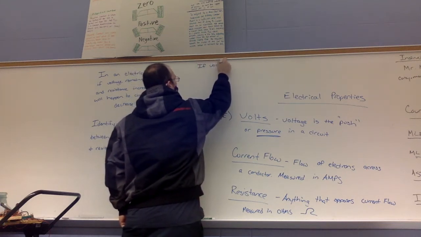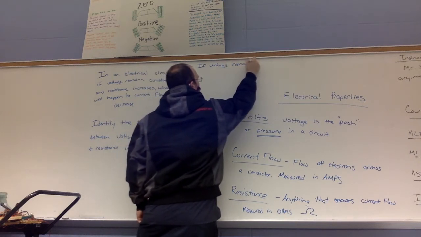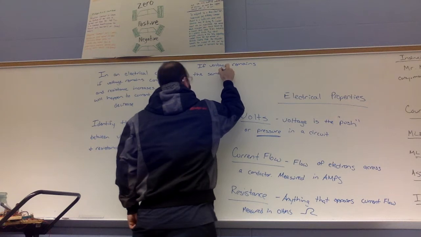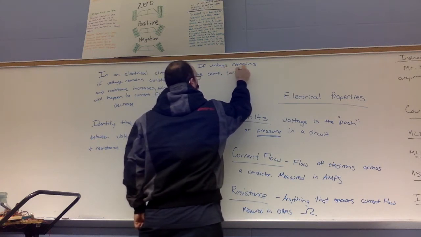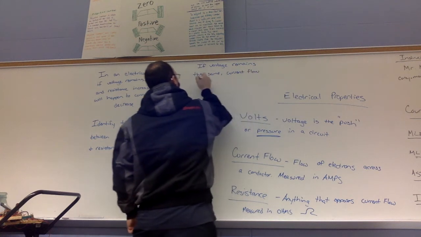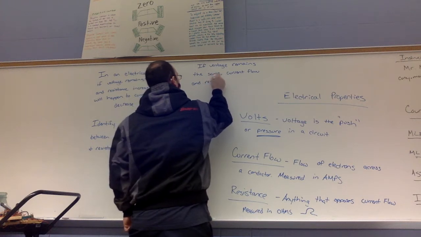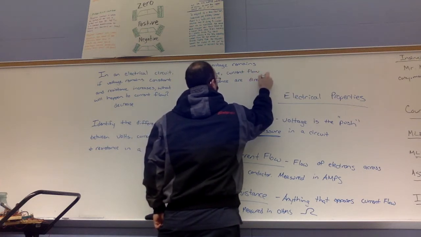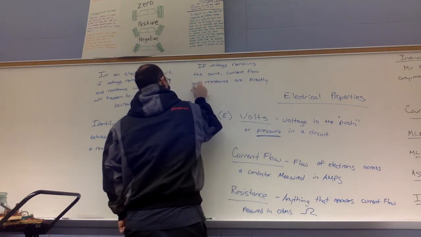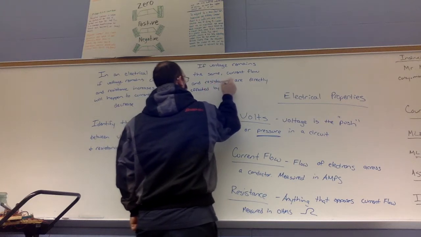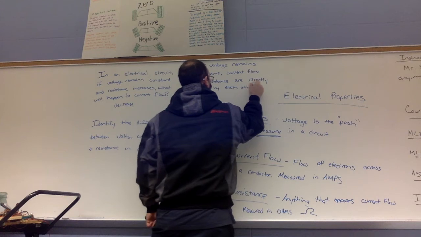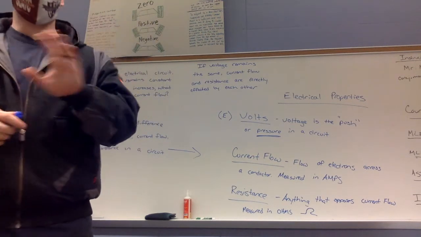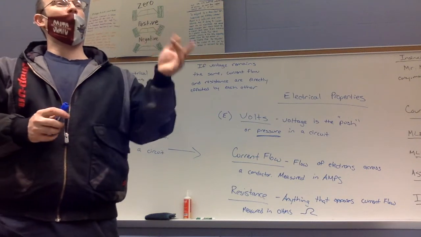If voltage remains the same, and it does most of the time, now keep in mind, when we're talking about car batteries, and we haven't got there yet, but we will very soon, car batteries are actually 12.6 volts.